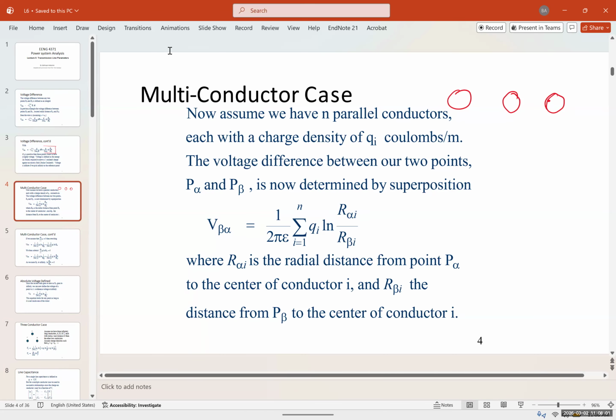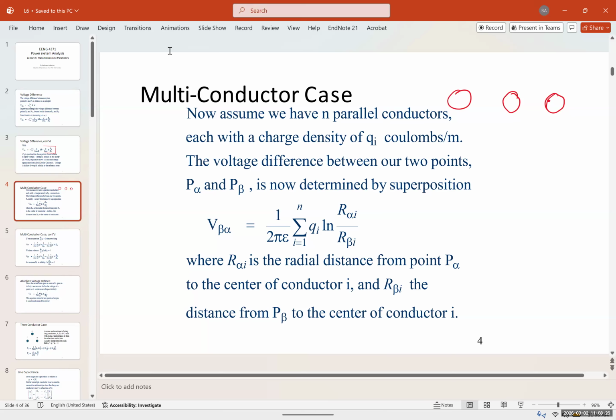The voltage difference between our 2 points, P alpha and P beta, is now determined by superposition, which is going to be V beta alpha equal to 1 over 2 pi sigma, the sum from i equals 1 to n of Qi ln of R alpha i over R beta i.